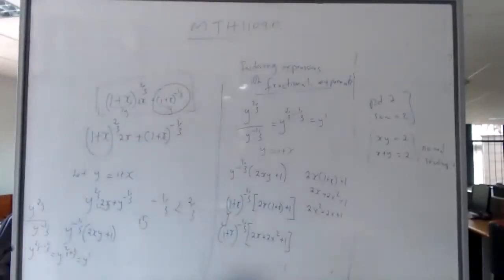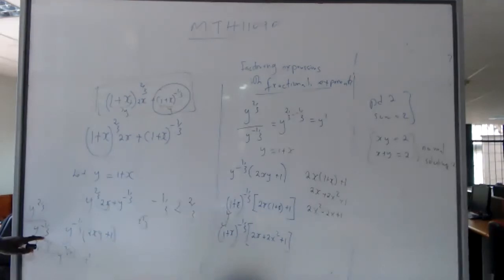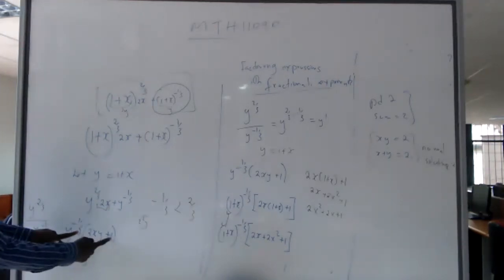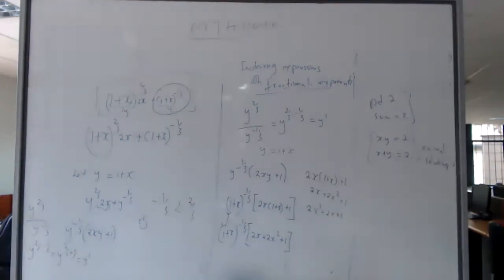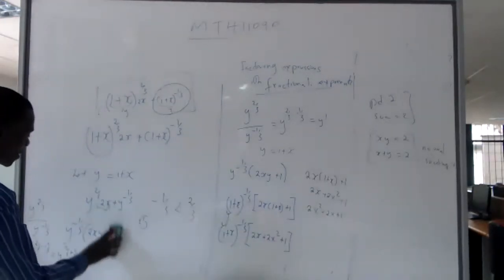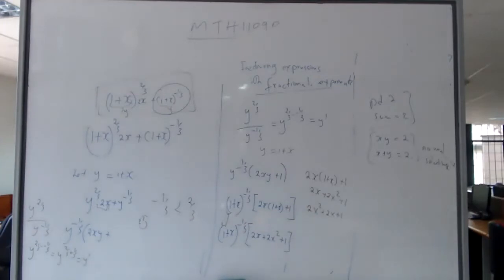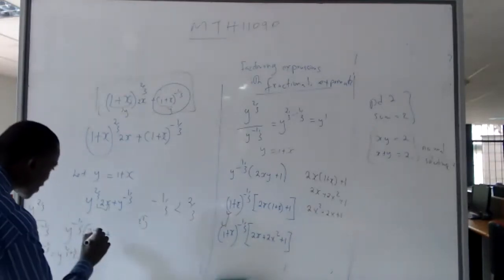When you factorize, you factorize 1 plus x to the power of minus 1 over 3, right? Yes. Then the y that you wrote here, 2xy, that y I think should have an exponent of minus 2.